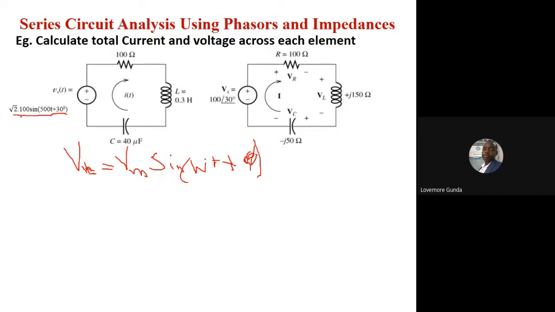Then you go back and look at this. In this case, you are given root 2 times 100 sine 500t plus 30 degrees.